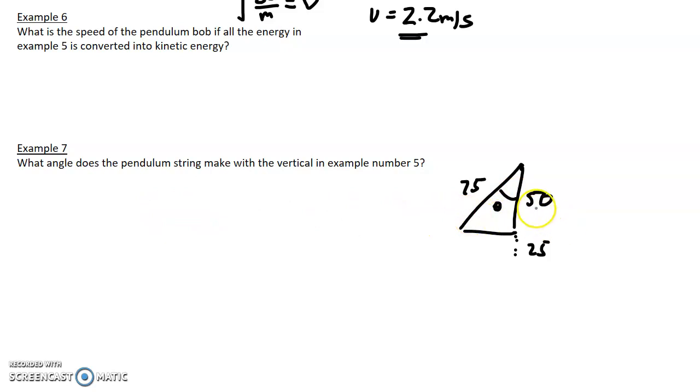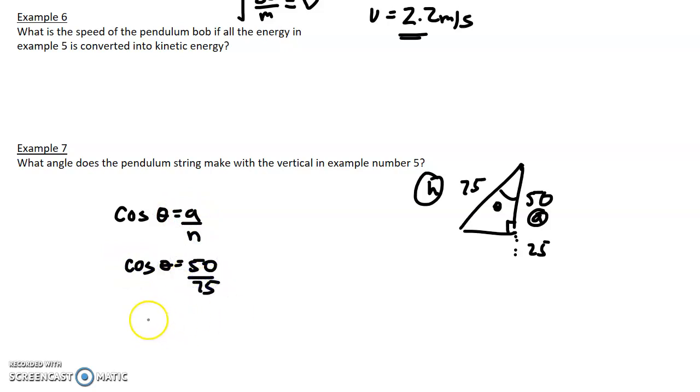Well, the 50 centimeters is on the adjacent side, this is the hypotenuse, making a 90-degree angle there. So cosine theta is equal to adjacent over hypotenuse. That adjacent side is 50, the hypotenuse being 75.